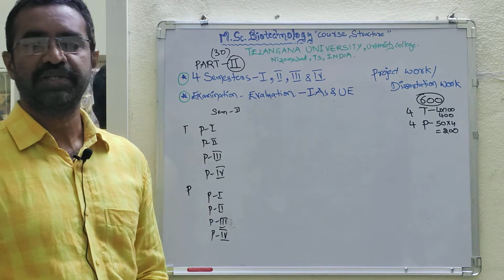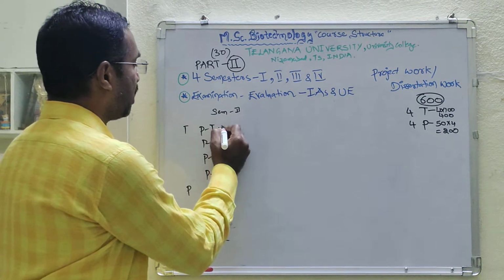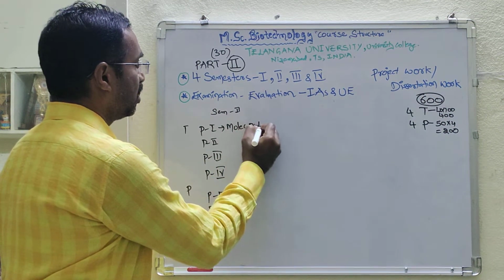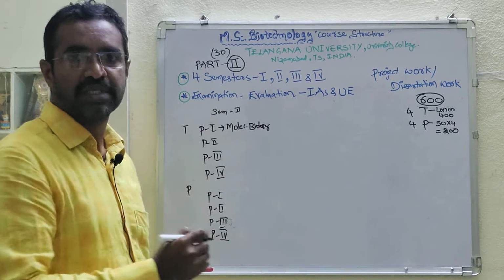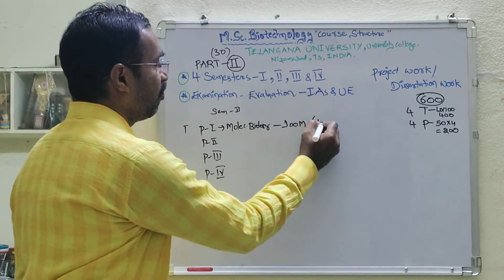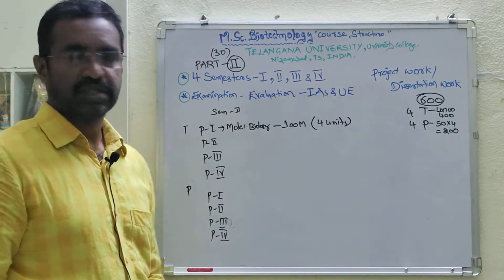If you see the further details of this semester, the first paper is molecular biology. Again, in each semester each paper has 100 marks and 4 units, similar to the first semester.